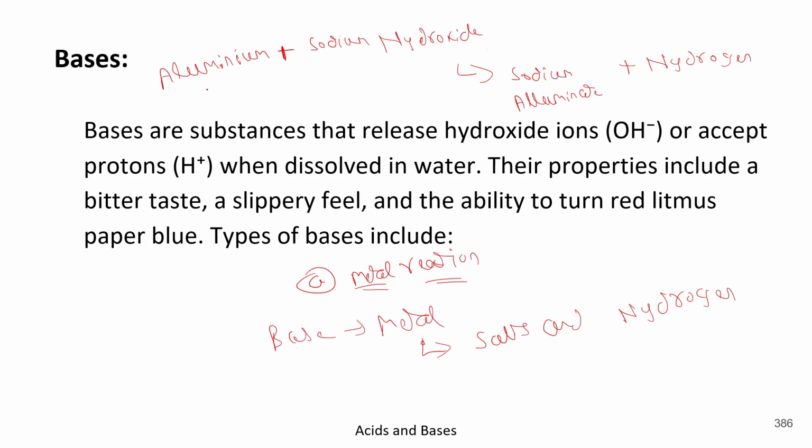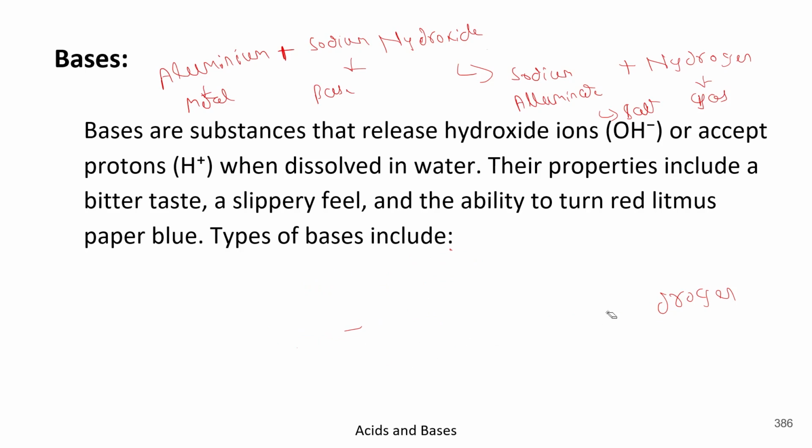In this scenario, aluminium is a metal, sodium hydroxide is a base, sodium aluminate is a salt, and hydrogen is a gas. And the same procedure will be followed as was followed in the metal part.